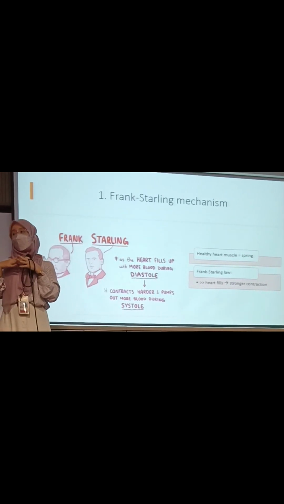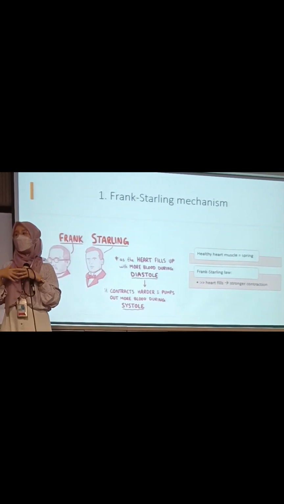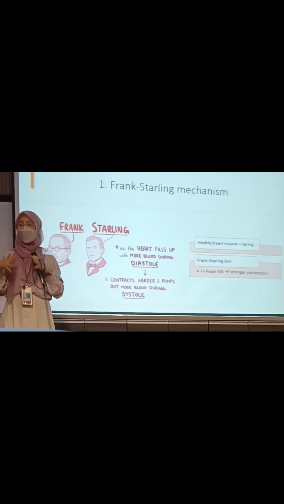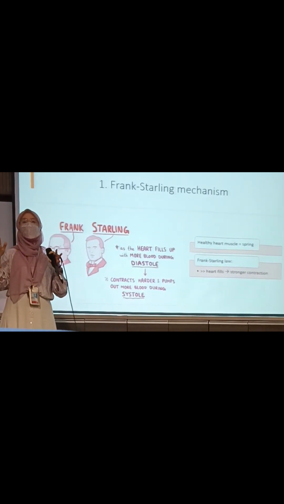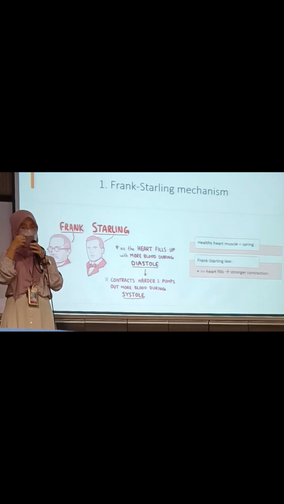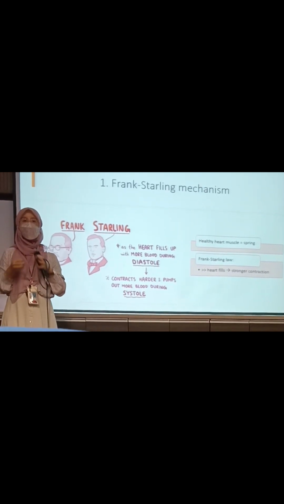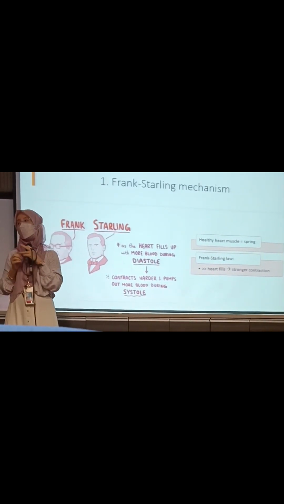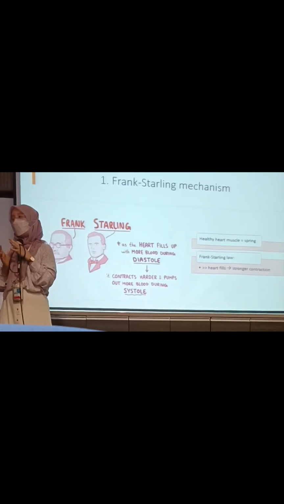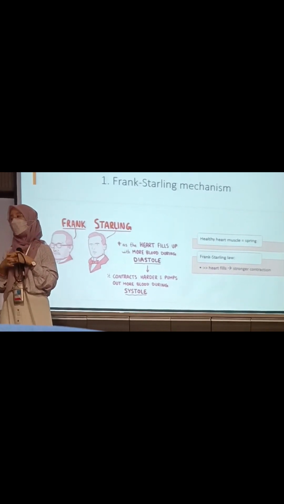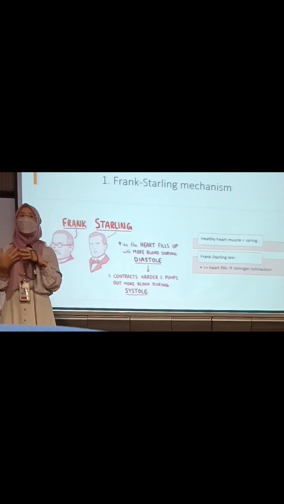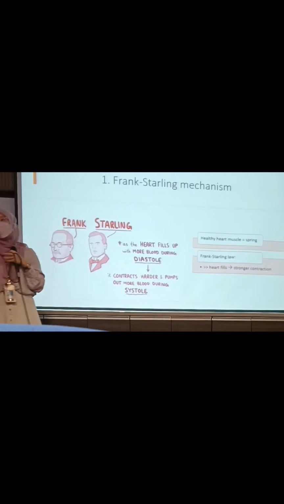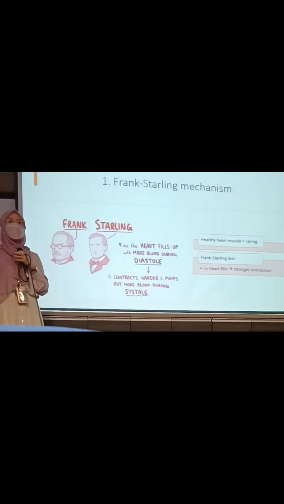So Frank and Starling kata as the heart fills up more blood during diastole, more cardiac output. Maksudnya macam spring lah, kalau kita stretch more, output yang kita akan dapat more. So in this case, healthy heart muscle is like a spring. So Starling kata more heart fills equals to more stroke volume, more stronger contraction.